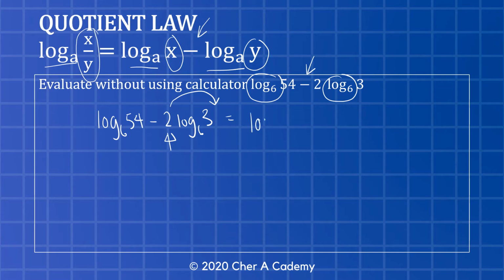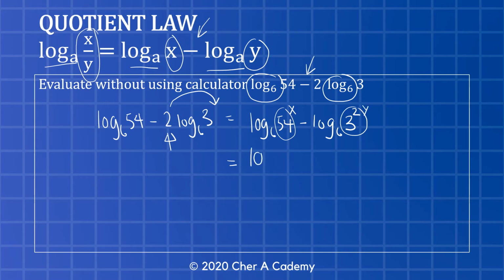So log base 6, 54 minus log base 6, 3. My 2 becomes the power, so it becomes 3 squared. So now I have log base 6, 54 minus log base 6, 3 squared. So I can take my 54 as the x, and I can take the 3 squared as my y.